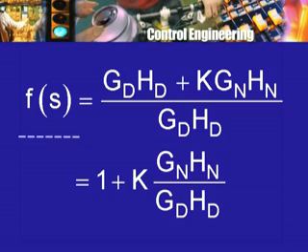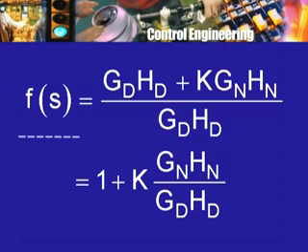So, this F(s) can be thought of as transforming the S plane into another plane. Of course, I can still call it the W plane if you wish. The function is given by this, but because I have divided by GD HD, it is very simple. I can write this as 1 plus k times GN HN divided by GD HD. So, this function F(s) is given by 1 plus k times GN HN divided by GD HD.